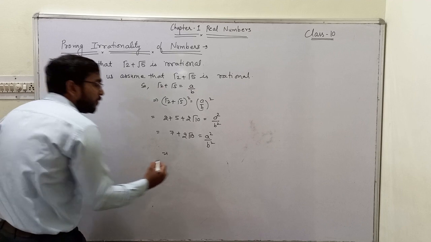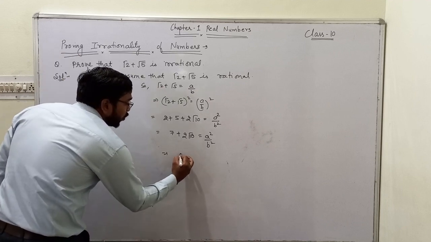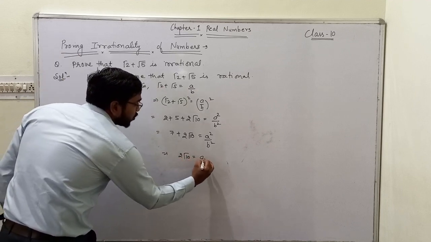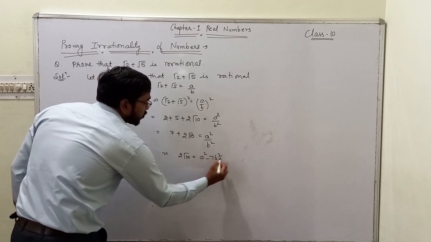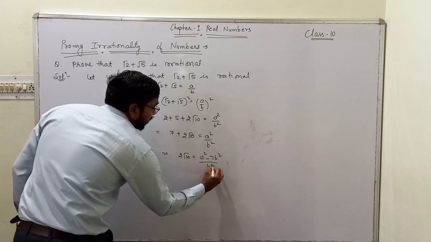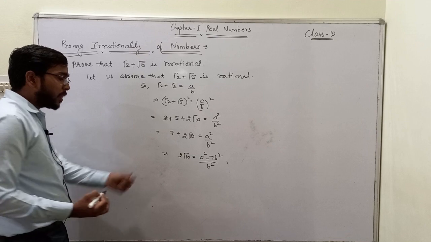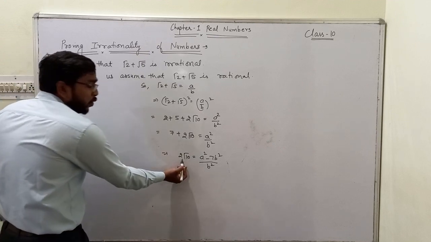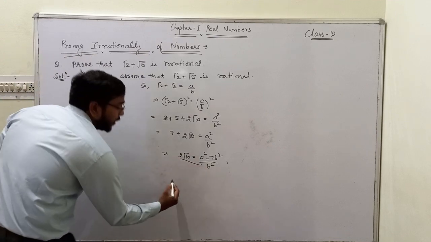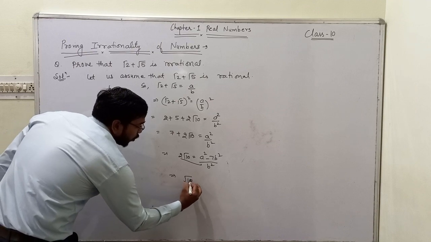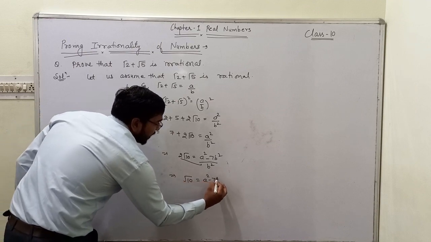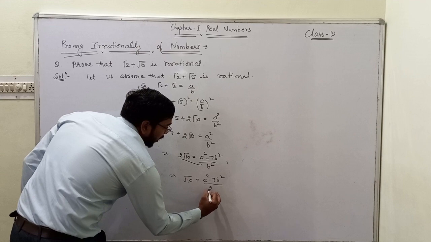So we get 2 root 10 equals a square minus 7b square upon b square. This 2 is multiplied by root 10 here, so it will go in the denominator. So we can write root 10 equals a square minus 7b square upon 2b square.